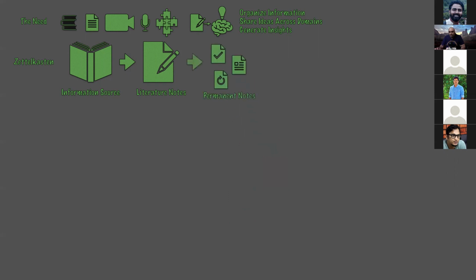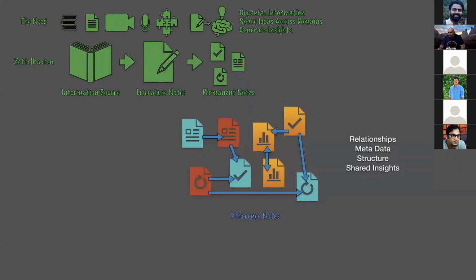Now, permanent nodes by themselves are not of much use if we don't have the relationships between them. If you go back to the original need, we wanted a way of organizing information, which we have. The second thing is to share the ideas across domains. Now, what we do here is when we write a note, we should also think about where it fits.